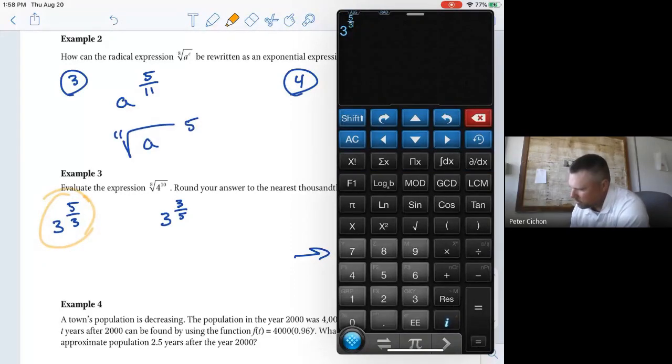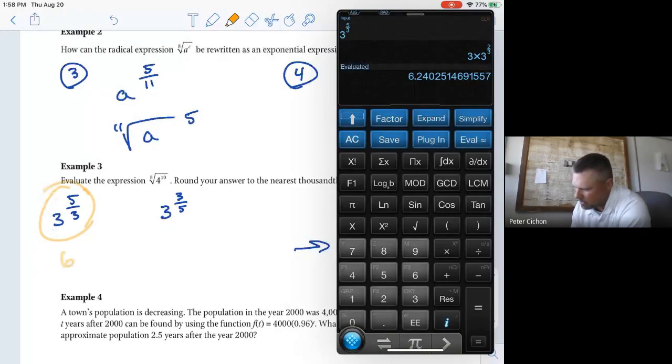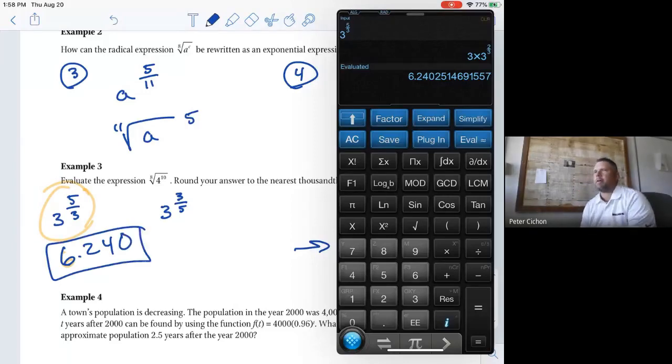Now that's some goofy, hit that approximate button. We made it bigger. We made it 6.24. This thing says rounded to nearest thousandth. So we made a 3 into a 6. We made the number bigger.